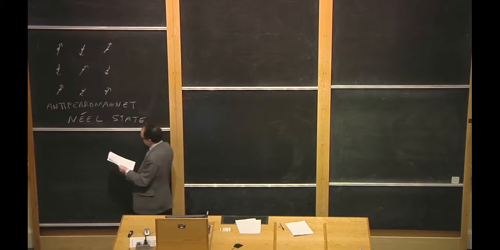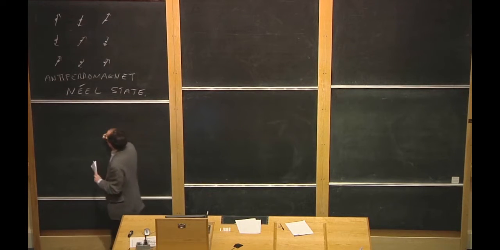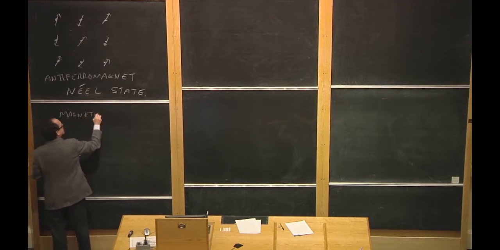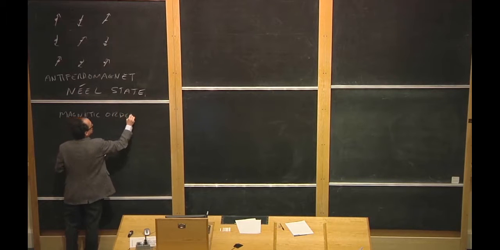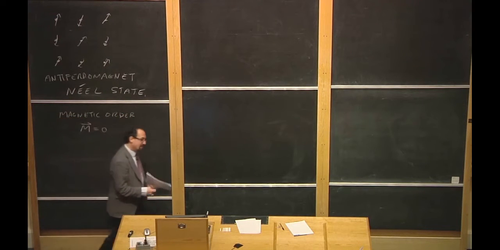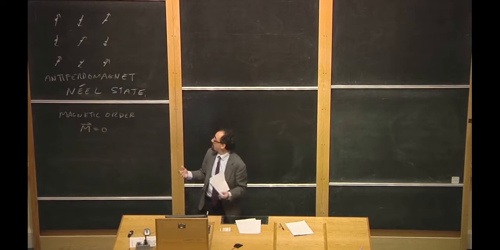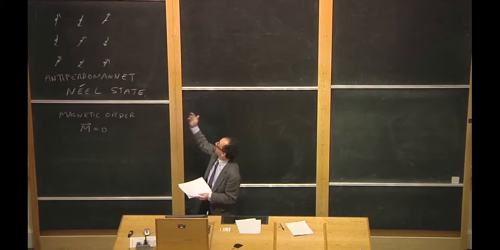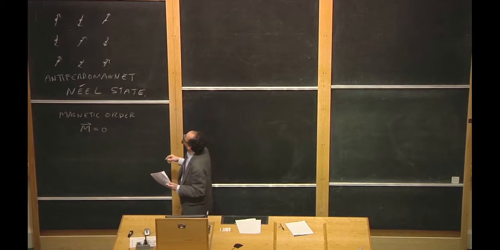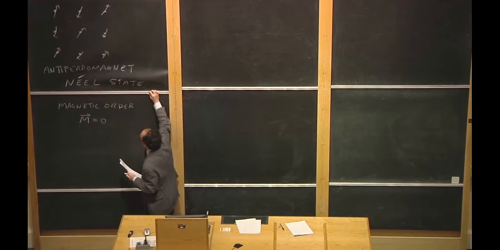And what's interesting about these is that they have magnetic order, but they have no net magnetization, M equals 0. Why do they have no net magnetization? Well, because you have the same number of up-pointing spins as you have down-pointing spins. Well, at least if I drew them more aligned, it would look like there was an equal number of up-pointing spins as down-pointing spins. My drawing isn't so good.